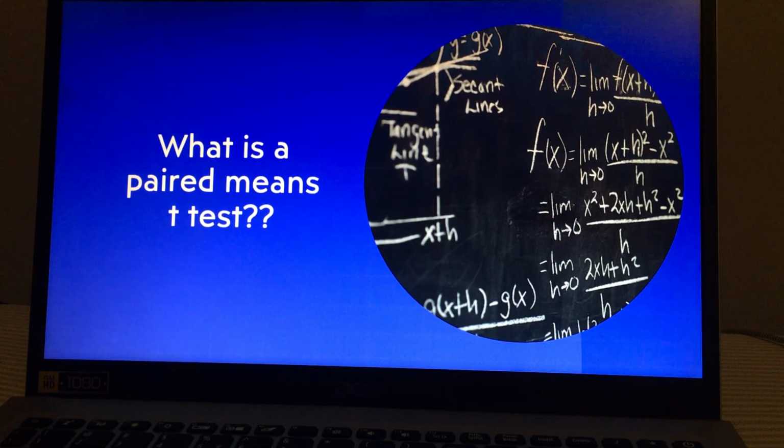So if we let D-bar denote the mean of the difference scores, we're now on page 18, then the test statistic is D-bar over SE sub D, where our standard deviation is estimated.